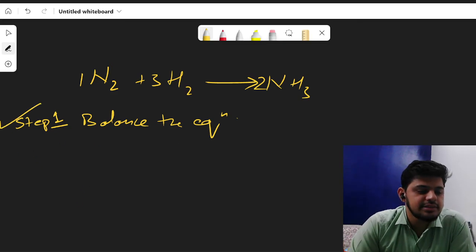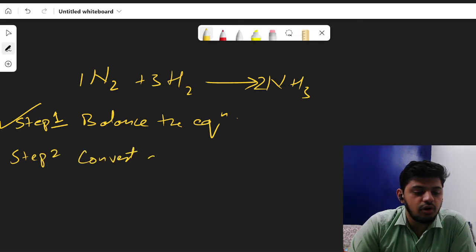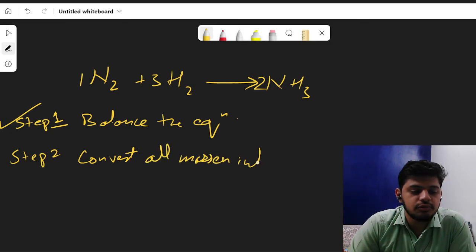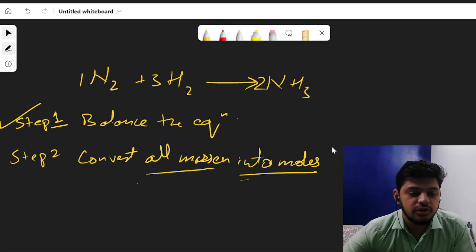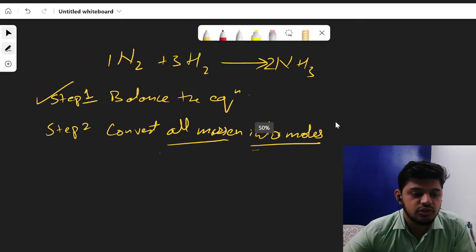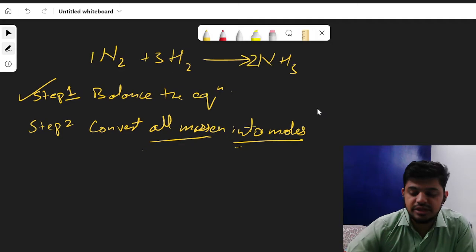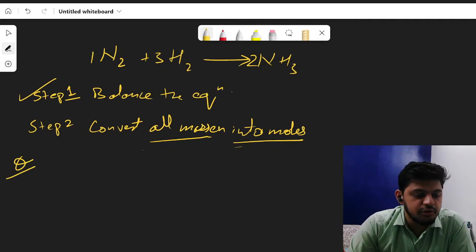Step 2. Convert all masses into moles. Let's try to have some masses. For example, I have a question.